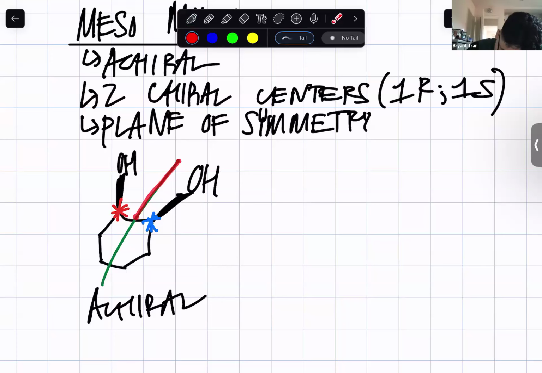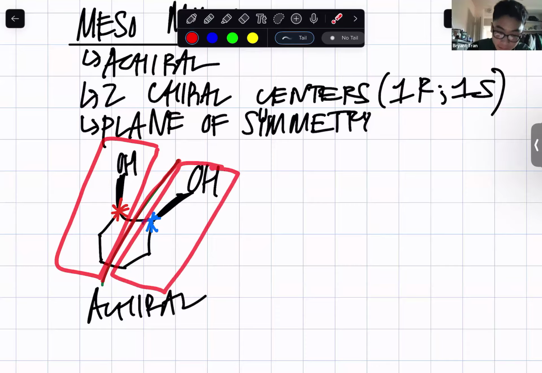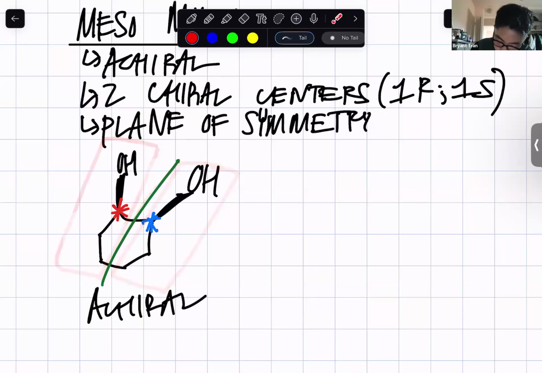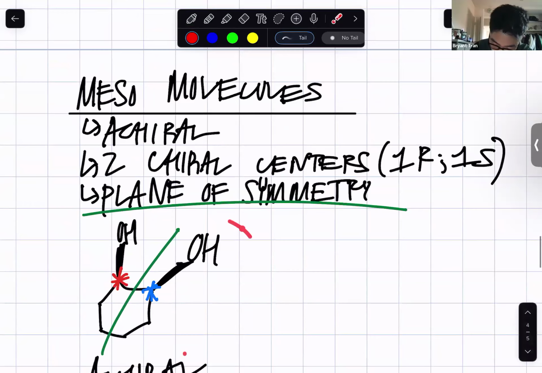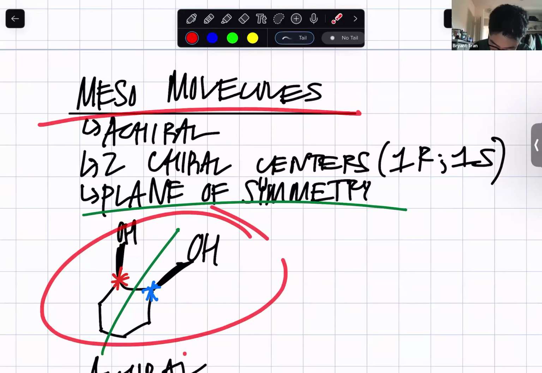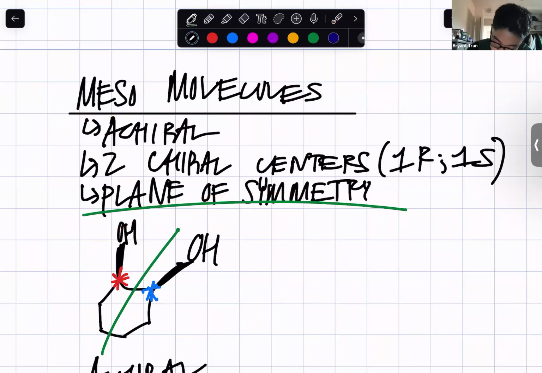Like through this plane right here, everything on this side is the same as everything on this side. They are symmetrical, right? And because of this plane of symmetry, this is going to be achiral, right? Specifically, this molecule is a meso molecule because there's two chiral centers and a plane of symmetry like that.